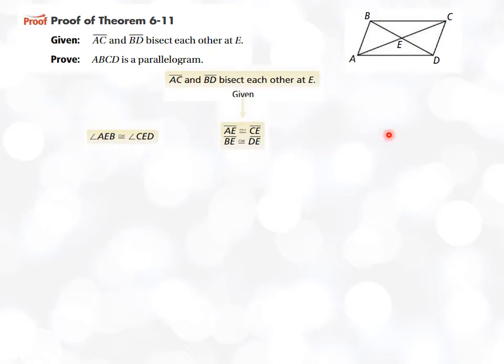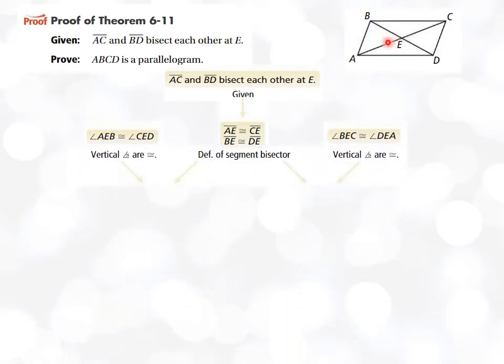Same way you can say angle AEB, this angle, is congruent to angle CED. We know the property of this angle, right? So let's check it. And angle BEC, this angle, is congruent to angle DEA, this angle.